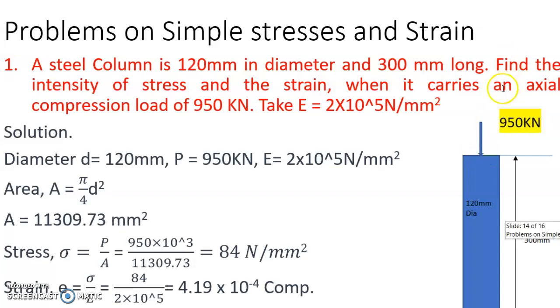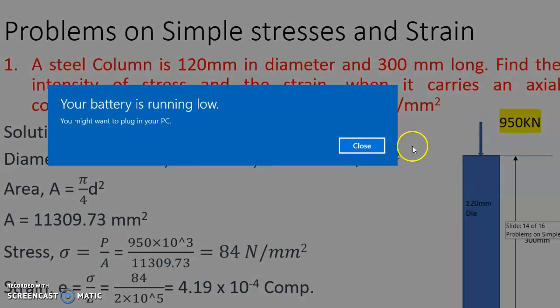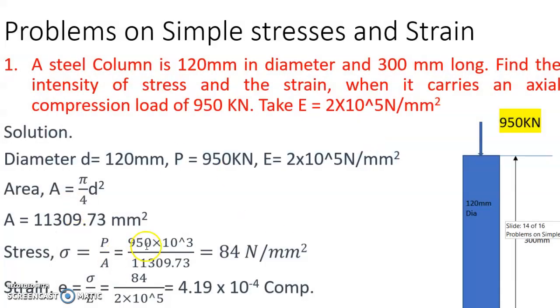See, the load is acting vertically downwards, so definitely the load which is coming from the bottom will act in the vertically upward direction. So both loads will compress the column. Okay, so this is nothing but the P by A. So 84 Newton per mm square, it will come as compressive stress.